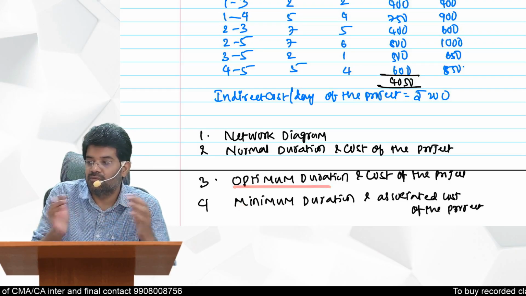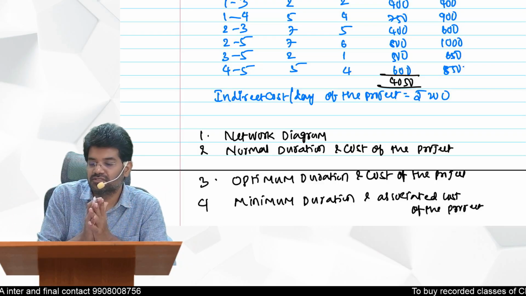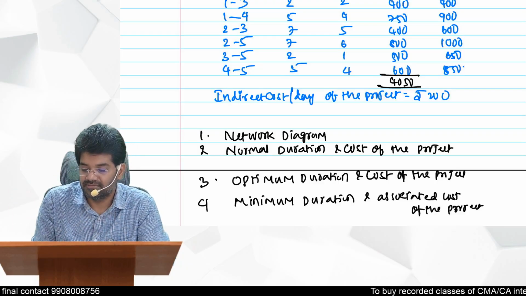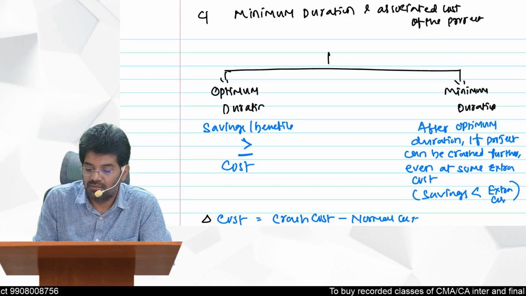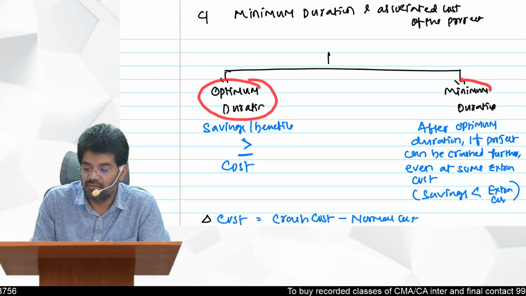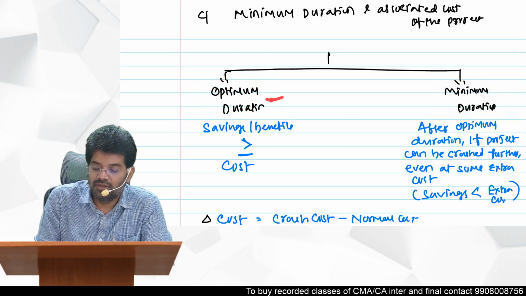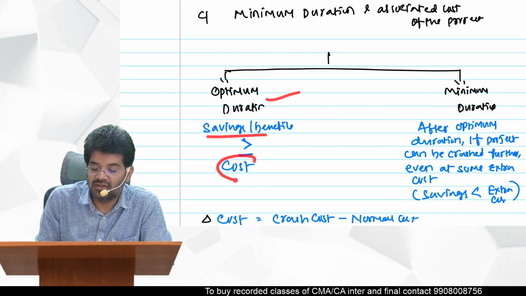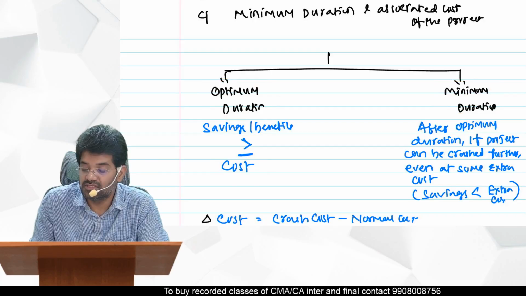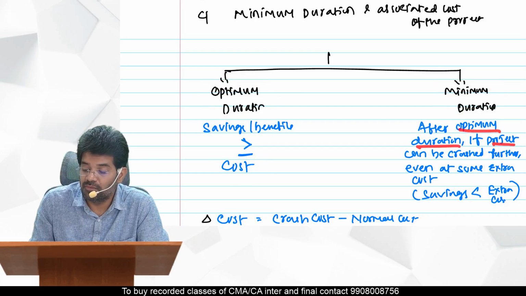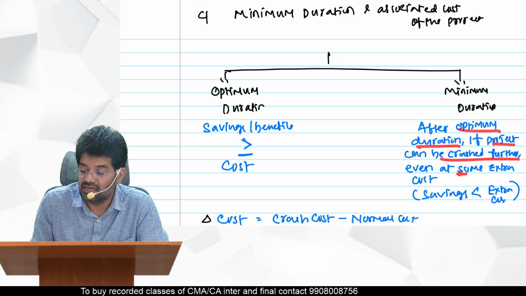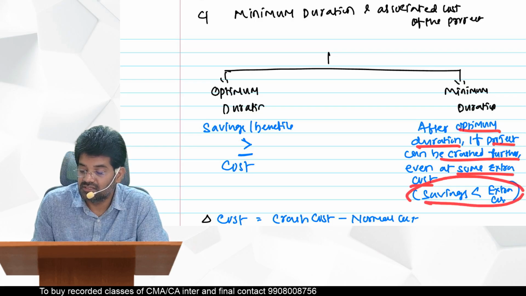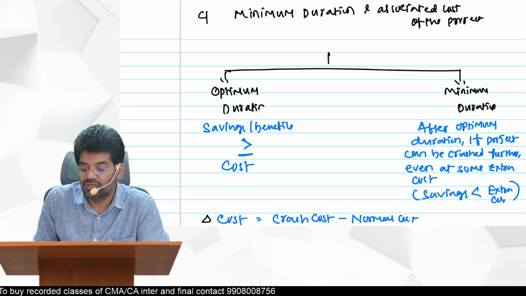So optimum duration means savings or benefits are greater than cost. Minimum duration means after optimum duration, if a project can be crashed further even at some extra cost, that is called minimum duration.